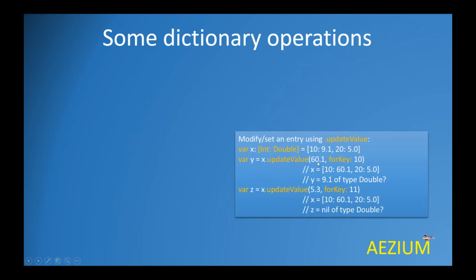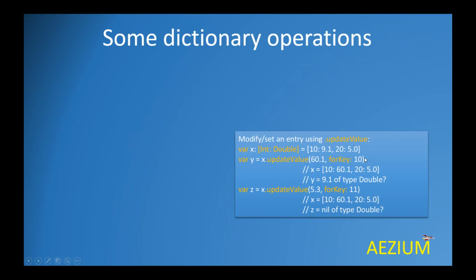So as a result of this operation, x will be changed and the new value of x is given here, where the value of the key value pair pointed at by key 10 is now 60.1 as opposed to 9.1.